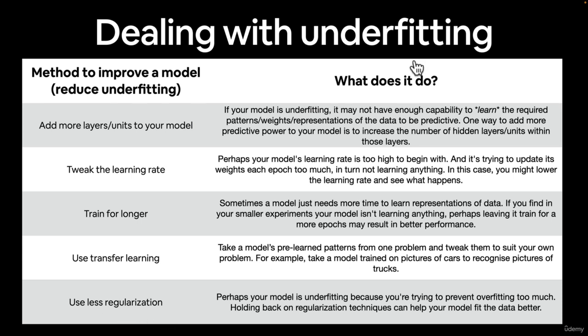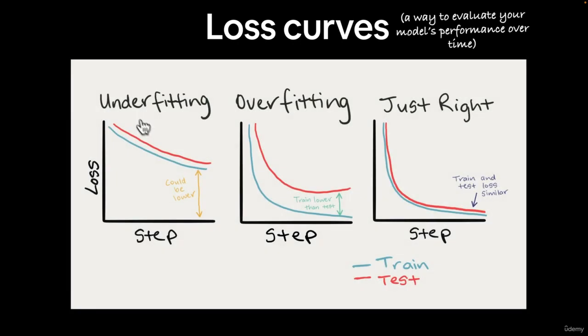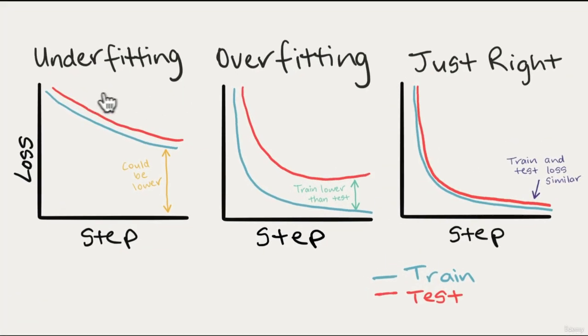So if we go back, we have a look at the ideal curves. If you try to prevent underfitting too much, so increasing your model's capability to learn, you might end up overfitting. And if you try to prevent overfitting too much, you might end up underfitting. We are going for the just right section. And this is going to be a balance between these two throughout your entire machine learning career.